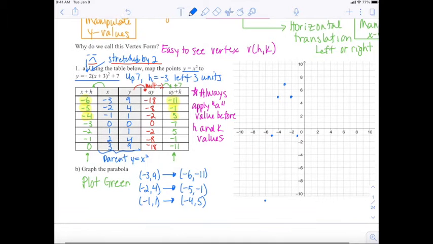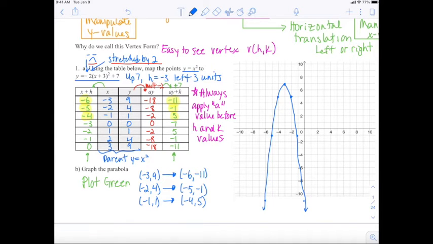And 0, -11. And I should be able to see that, yes, this is in fact facing down. It is stretched by a factor of 2 because it looks skinny. And I have moved it 3 units to the left and 7 units up.